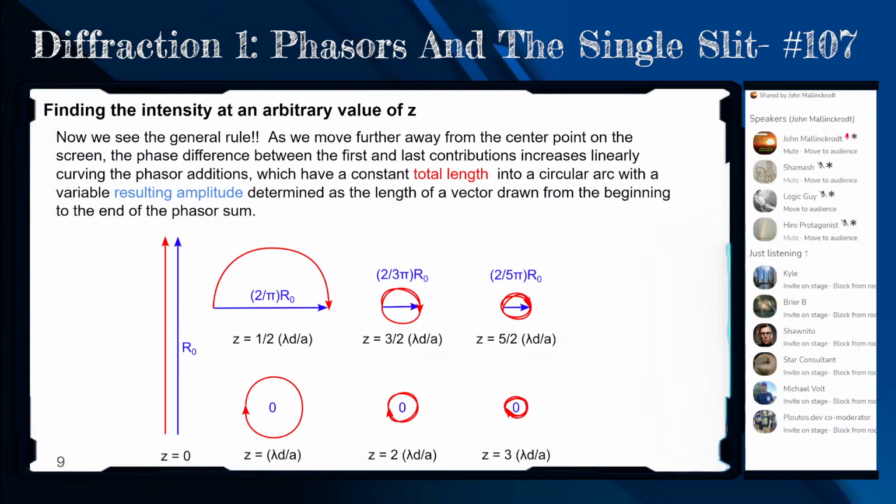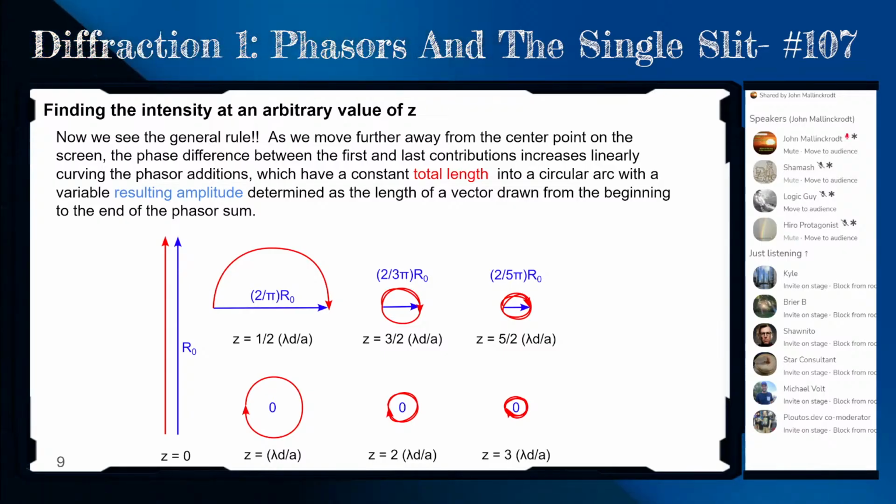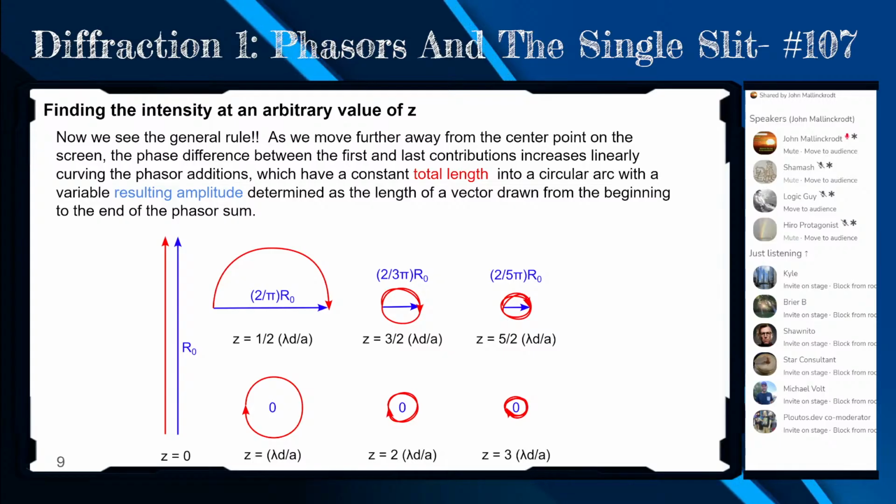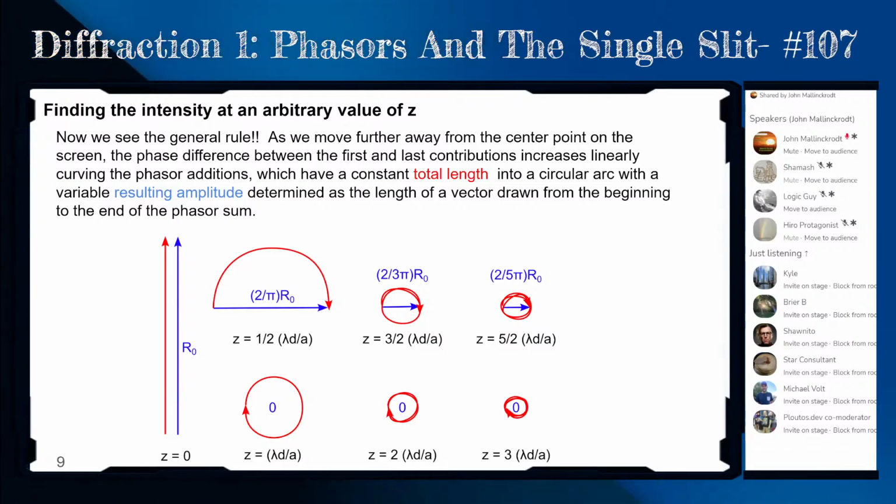So you see the semicircle again, that's when z is half of lambda d over a. And I'm showing you one other thing there. Look at the z equals 0 case: the length of the red line is equal to r naught, but now it's curved into a semicircle.